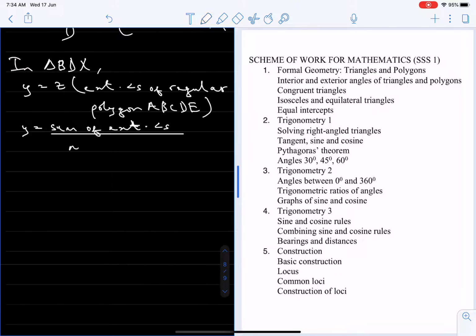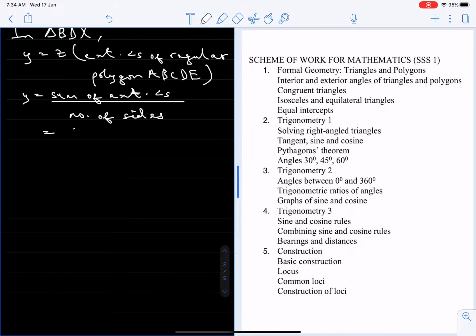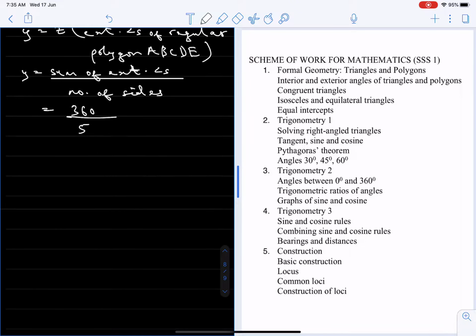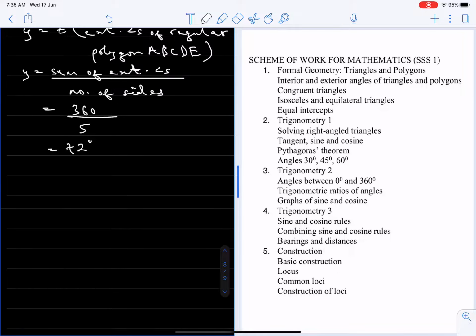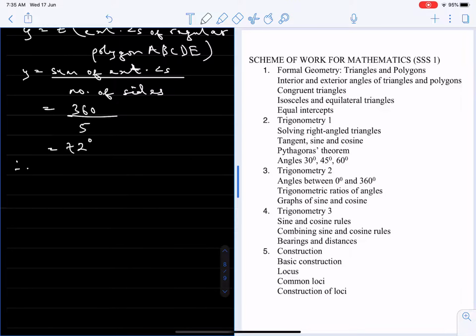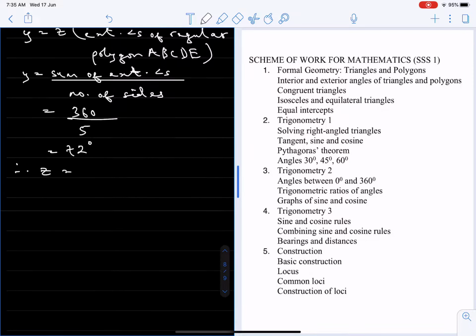That's what you do to find the size of each exterior angle of a regular polygon. The sum of exterior angles of any convex polygon is 360 degrees, divided by the number of sides of polygon ABCDE, which is 5. So that means Y is equal to 72 degrees, which means Z is also equal to 72 degrees.